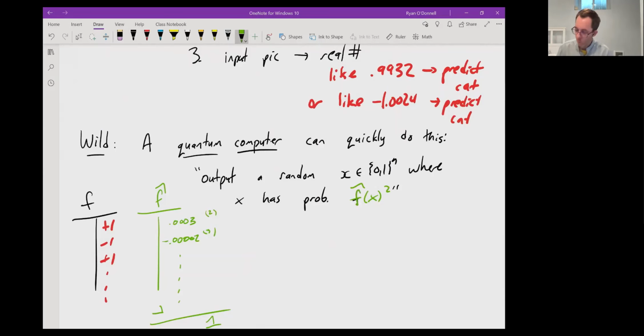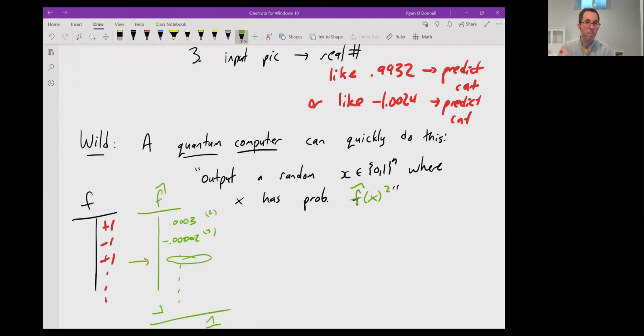And it'll return a random row. The probability of it returning a particular row is the square of the Fourier coefficient. And it's plausible that this makes sense, because the square of the Fourier coefficient is a non-negative number, and the squares add up to 1. Probabilities are supposed to add up to 1, so it makes sense that these squared numbers form probabilities.